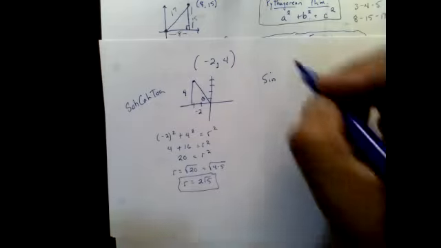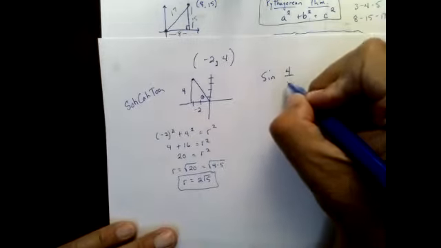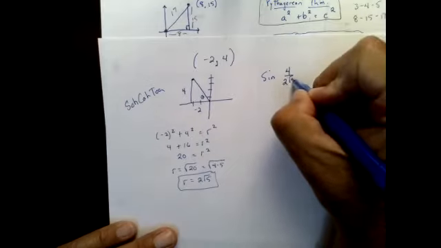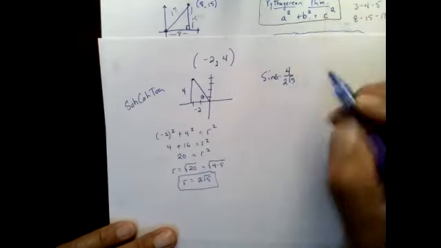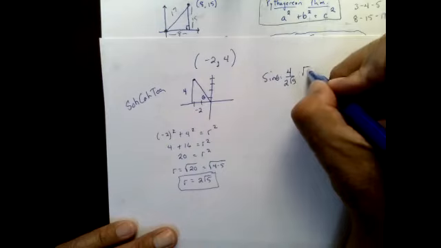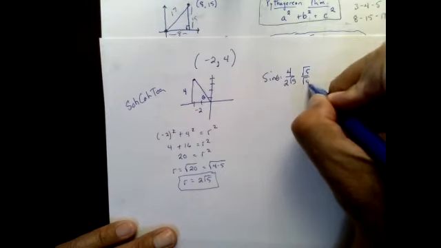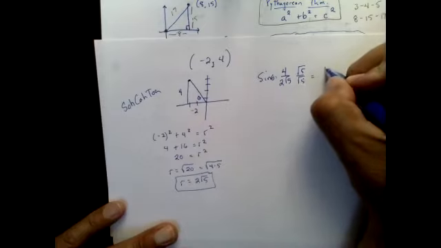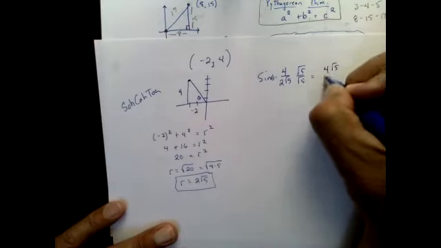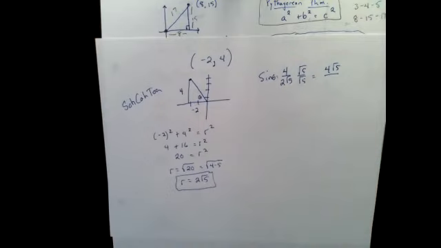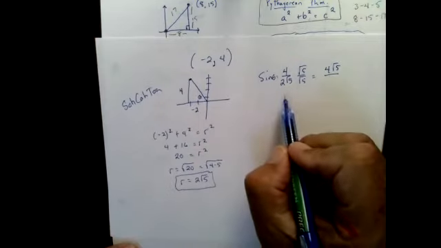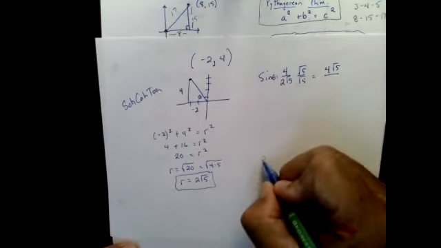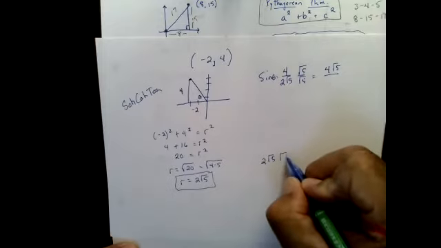So 4/2√5. 4/2 square root of 5. And we all know that we can't leave that. So I'm going to rationalize it. Going to multiply the top and bottom by that square root of 5. The numerator becomes 4 square root of 5. What's the denominator become? 10.